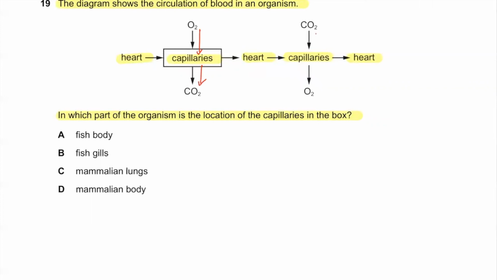And then we can see carbon dioxide is coming in and oxygen is getting out. So this will definitely be mammalian lungs. Because in mammalian lungs, the blood will go from the heart to the lungs, from the lungs back to the heart, and then from the heart back to the body. This is the body. This was the lungs. And finally, from the body, it will come back to the heart.